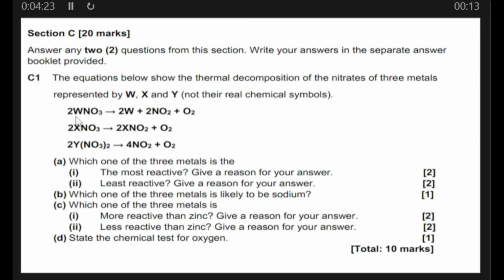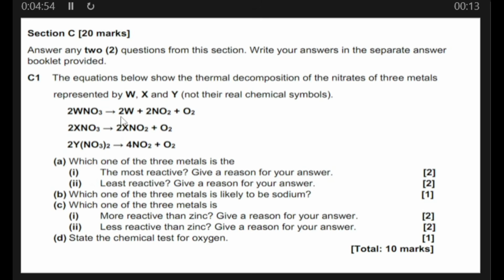So it is hard to reduce this one into the metal, and it gives us another compound, metal nitrite plus oxygen gas. However, for W nitrate, when heated, it is giving us W, the metal, nitrogen dioxide and then oxygen. So this means that W is a less reactive metal, and it is easy to reduce by heating into W.